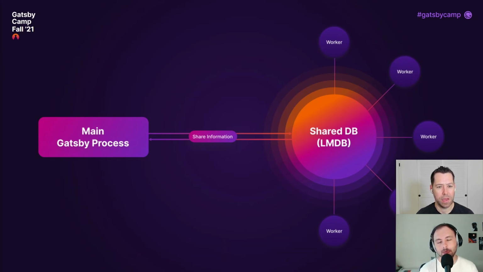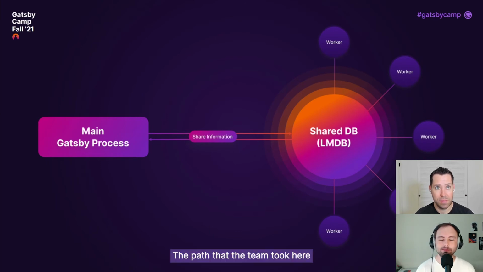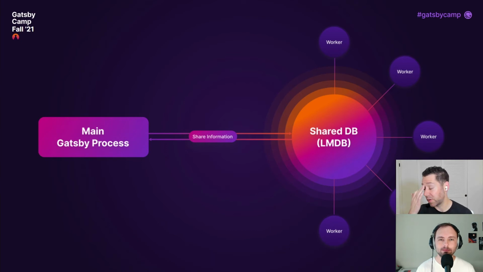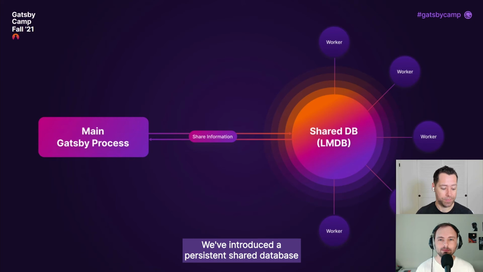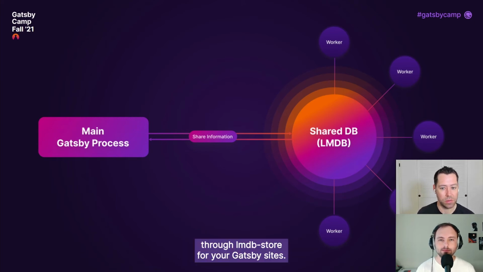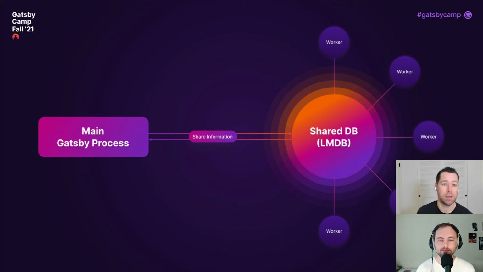Yeah. And the path that the team took here has set us up for considering this solution in multiple problem sets, right? So we've introduced a persisted shared database through LMDB-store for your Gatsby sites. Well, what are some other uses?